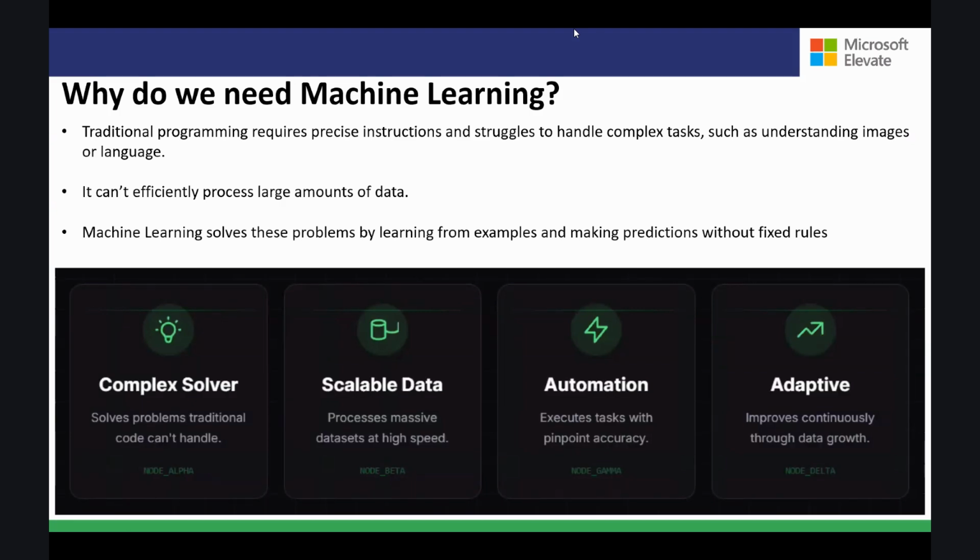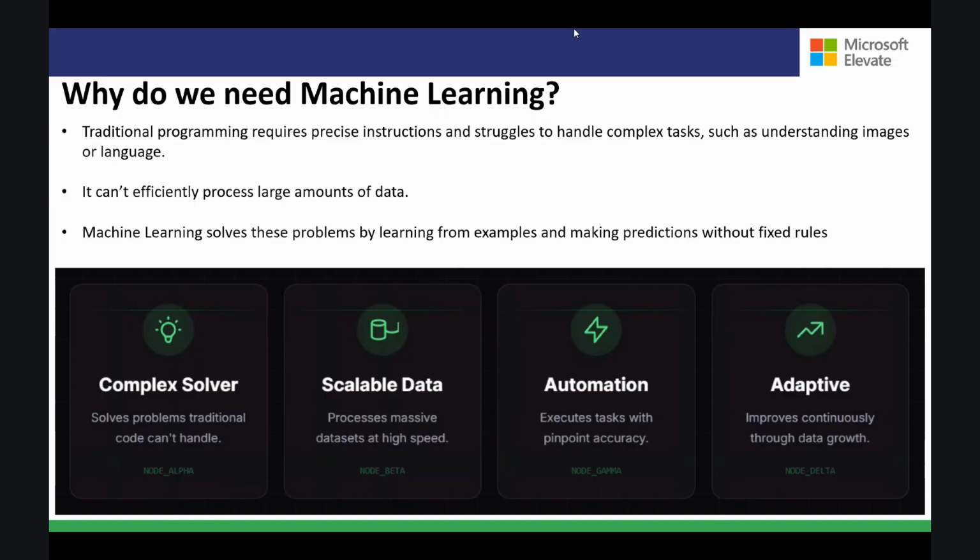Then scalable data: you can process a high amount of data with the help of machine learning, but you cannot do it as simply with programming. And then automation. Automation is a part of programming as well, but here automation is with less time complexity and fewer resources. With huge data you can automate, so this automation will definitely be better than programming.